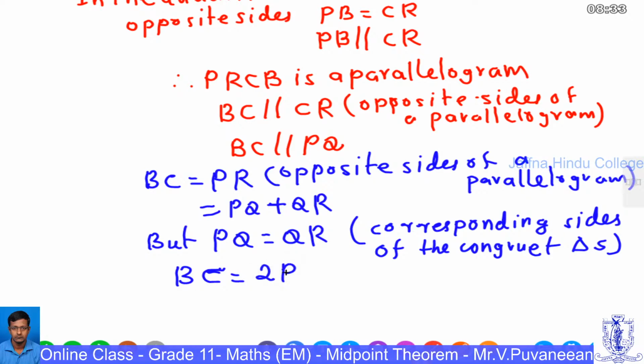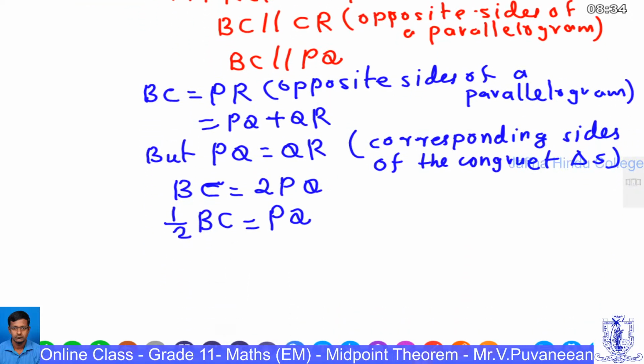Now take 2 to the left side of the equation. Half BC equal PQ. PQ equal half BC. This is the second one we proved.